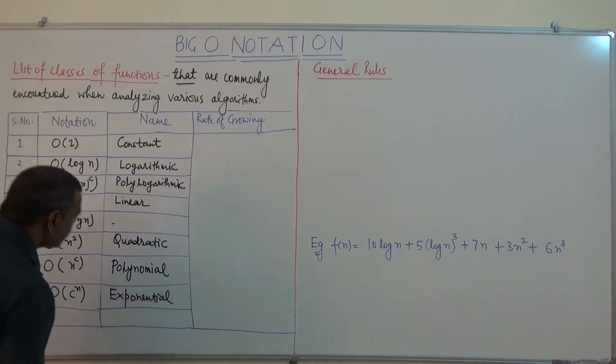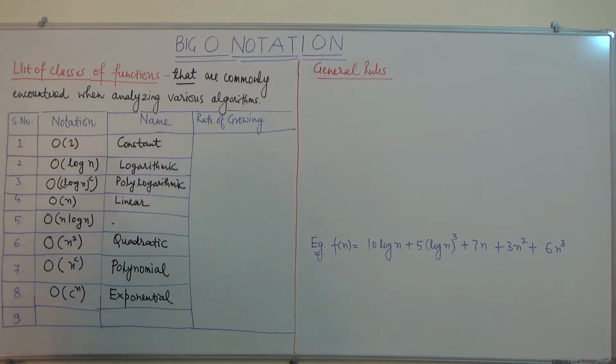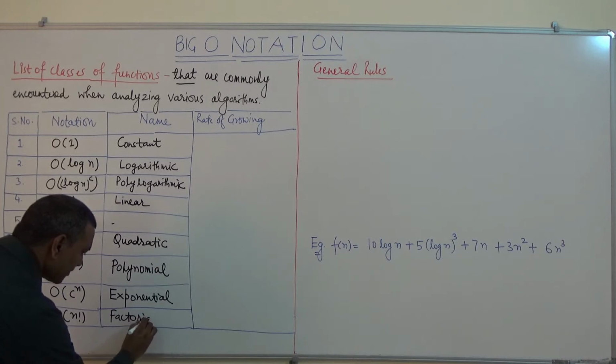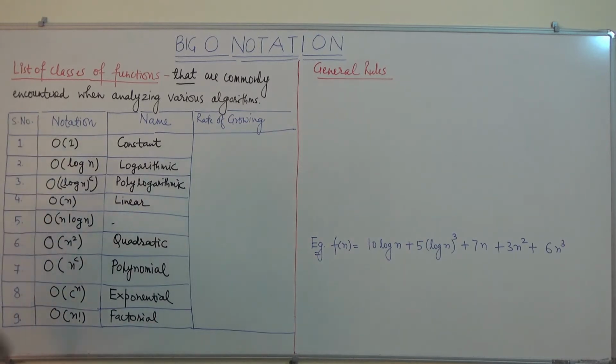And then finally we have O of n factorial, this is factorial. So these are the running time complexities that we normally calculate for any algorithm, and the names are: first constant, then logarithmic, polylogarithmic, linear, quadratic, polynomial, exponential, and then factorial.